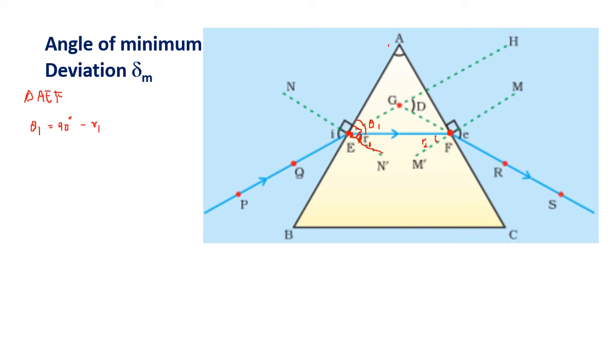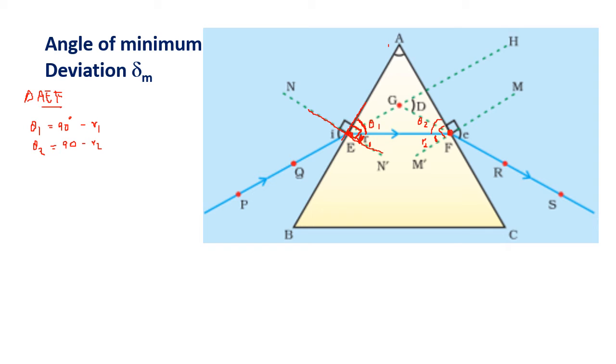This is the normal which is perpendicular to the surface, so this is 90 degrees, but since this angle is R1, this angle is 90 minus R1. Similarly, if I call this angle theta 2, this is R2 and the total is 90. So theta 2 equals 90 minus R2.